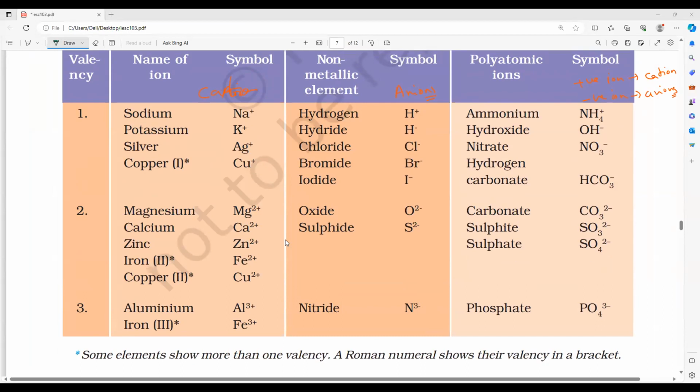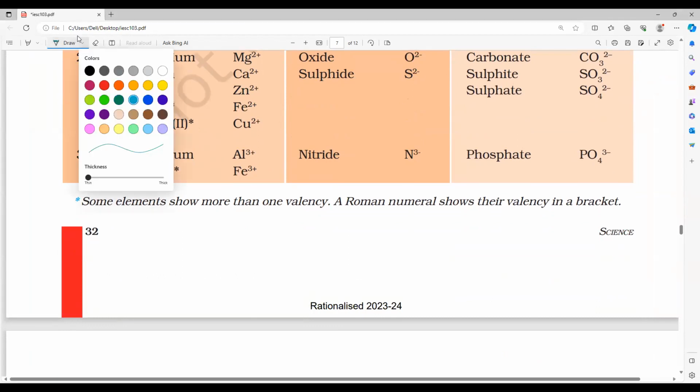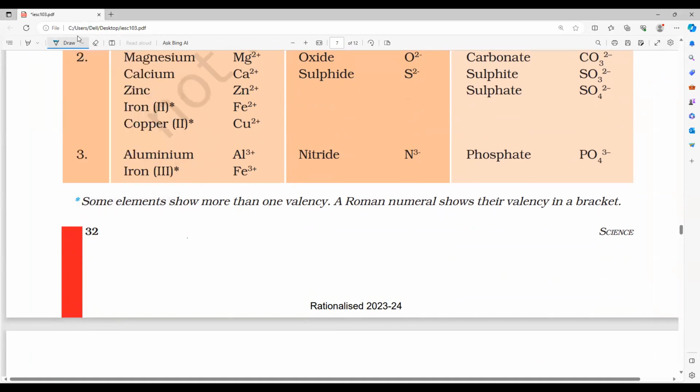Sir, what is valency now? You all learned what is valency. Combining capacity: how much it can donate, or how much it can receive, or how much it can share. That is valency. Now, in the same way, valency of ions. What do you mean by valency of ions?